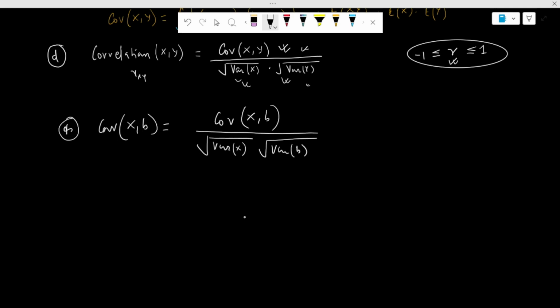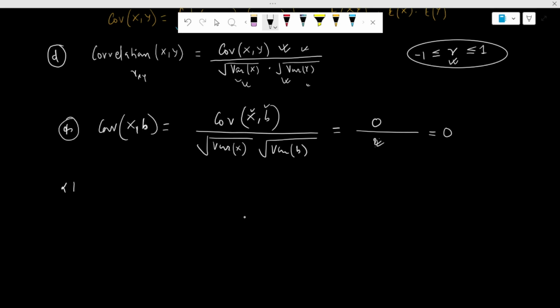Y here is b. In our earlier video, we have seen that the covariance between a random variable and a constant is equal to 0. So whatever term we have over here, this is equal to 0. Therefore, we say that the correlation of a random variable x with any constant b should be equal to 0.